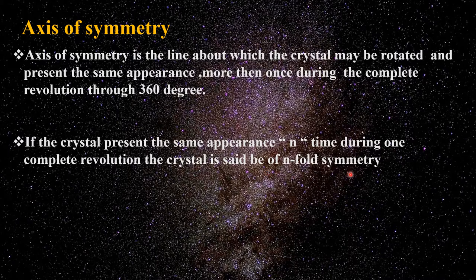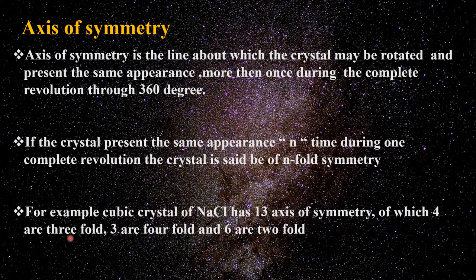It means that one complete revolution is 360 degrees. We can rotate the crystal by 90 degrees, 120 degrees or 60 degrees, and we get the same appearance n times during one complete revolution.